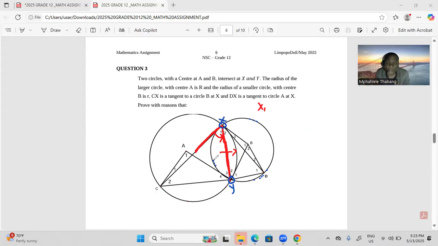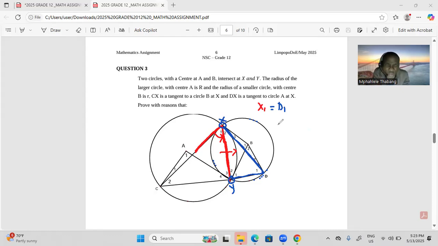Can I move from X and move from Y with two lines and meet at the circumference? Yes. If we move from X on this line and move from Y on this line, we are going to meet at D, which means that x1 is equal to d1 according to the tan-chord theorem.